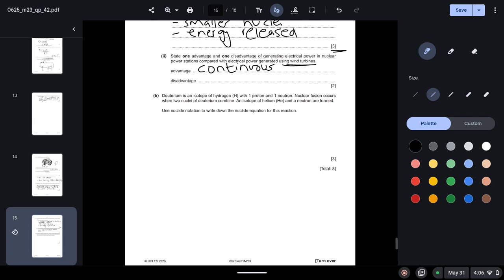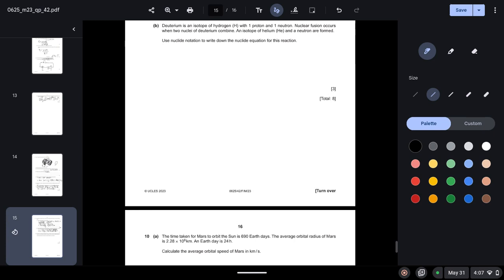Let's suppose one day there is no wind, so our energy production will not be affected. A disadvantage is that the resources for nuclear power stations are not infinite, they are non-renewable, so eventually we will run out of nuclear resources. Whereas wind is a renewable source, it is always available and we will never run out of wind.